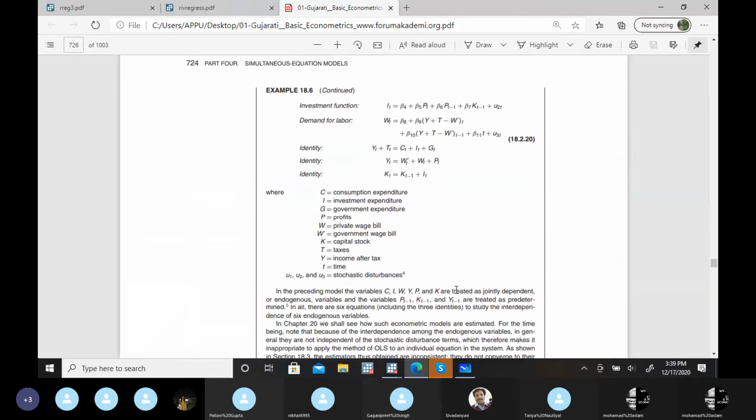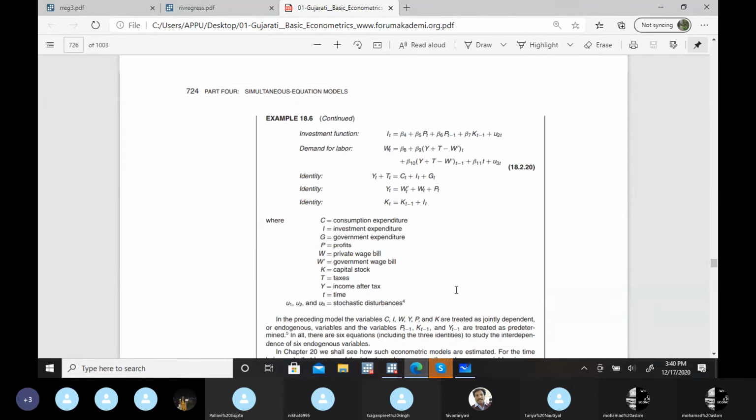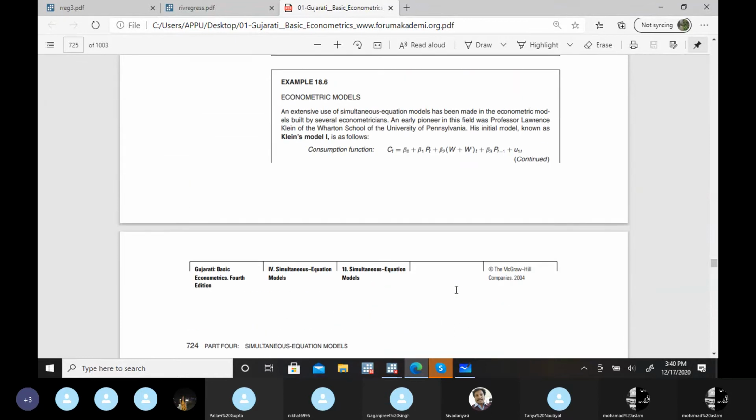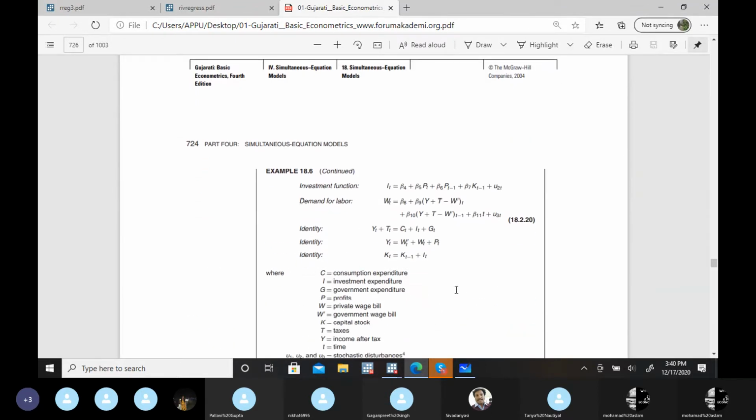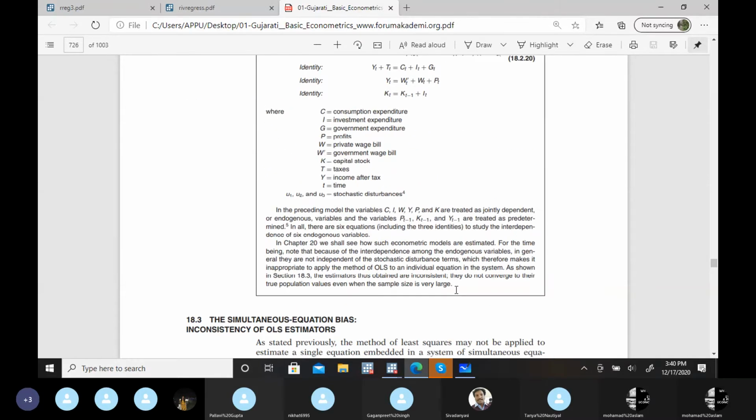Price, PT, they are taking as an endogenous variable, although it has not appeared as any single dependent variable in this Klein's model. The reason is not mentioned here.